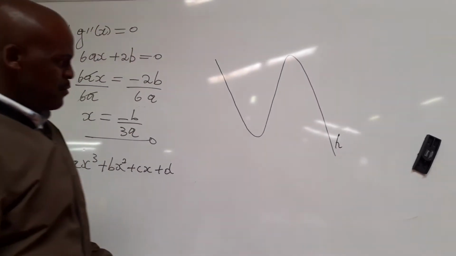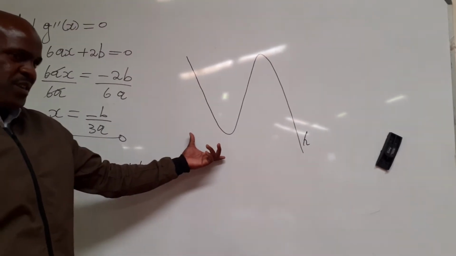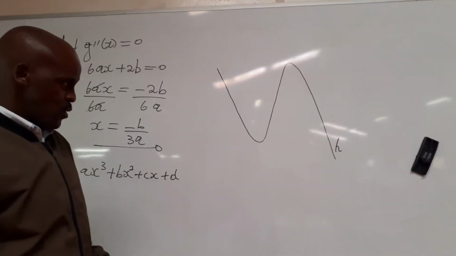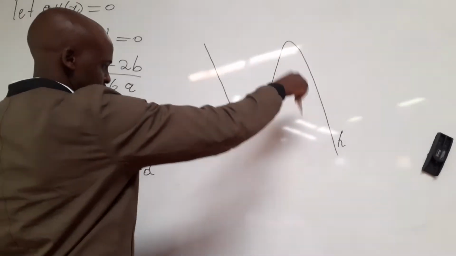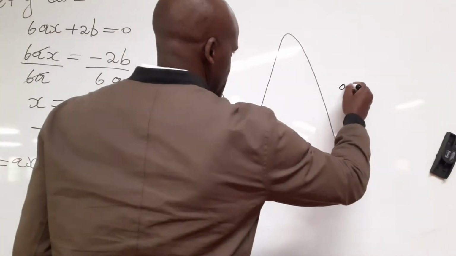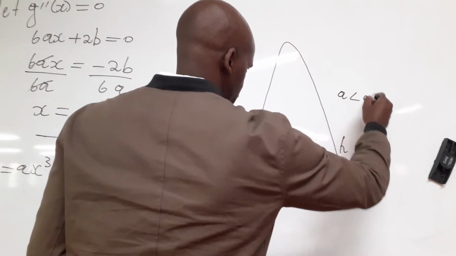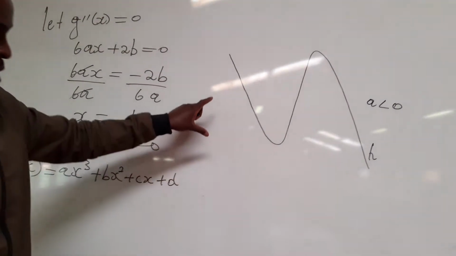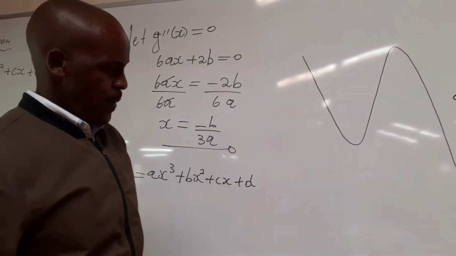You must be able to tell if this is an increasing or decreasing function. Since it goes down twice, that means a is negative. Therefore, it's a decreasing function.